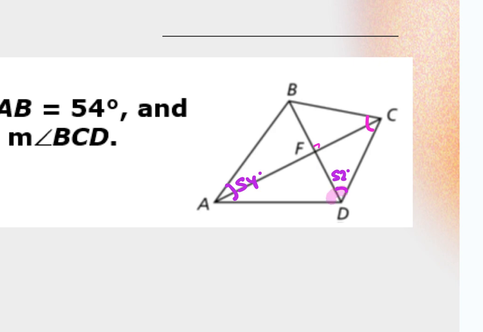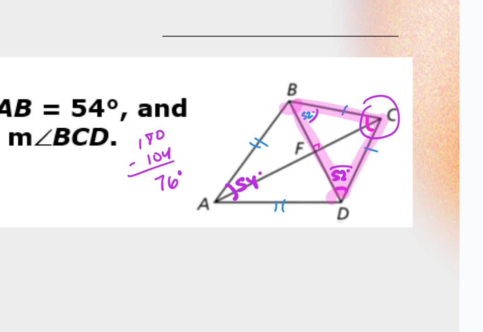And we also know that these would be congruent because these are my congruent sides. So angle B equals angle D, so this would also be 52 degrees. So this is an isosceles triangle in which you've got 52 and 52, that's 104. That top angle would be 180 minus the 104, which is 76 degrees.